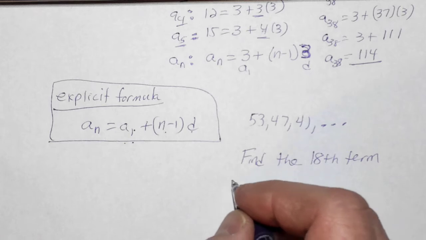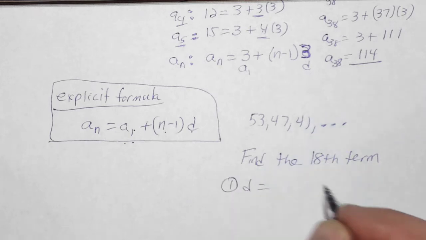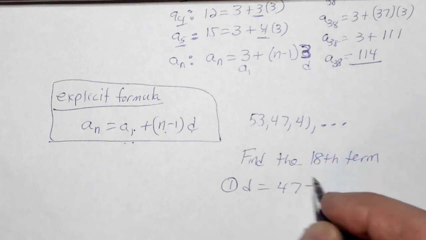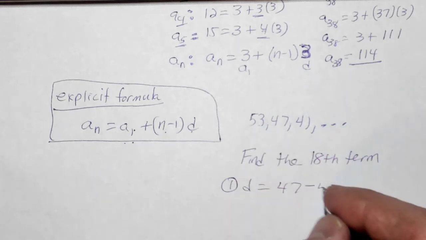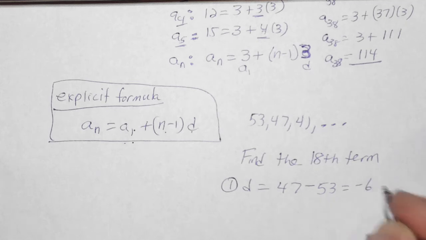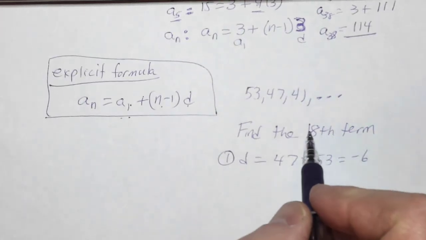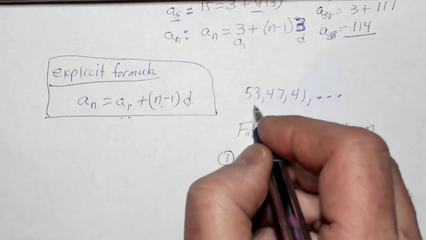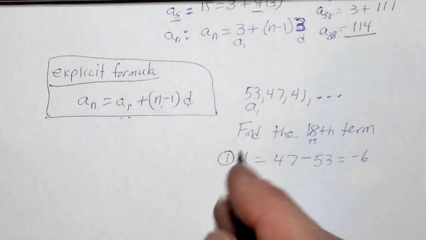So first I'd have to find the common difference. So what I do is I pick a term, doesn't matter which one, and subtract the term right before it. And in this case, I'd get -6. n is going to be 18, and a sub 1 is 53.